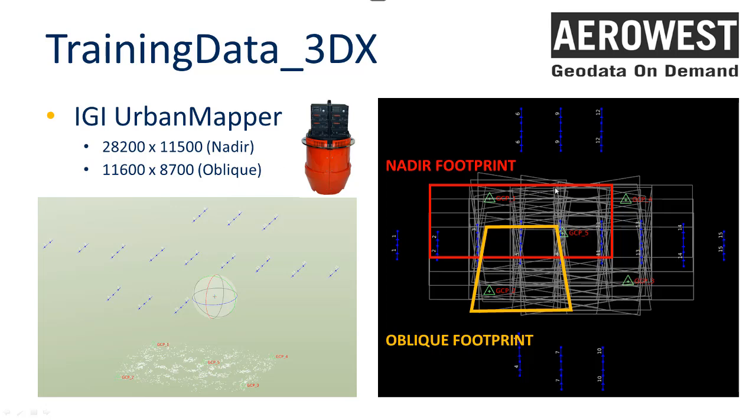And the data also includes oblique data, which we will not use today. We will only use the nadir images for our process, and they have an 80-70% overlap. So 80% in-flight direction and 70% cross-strip overlap in this case.